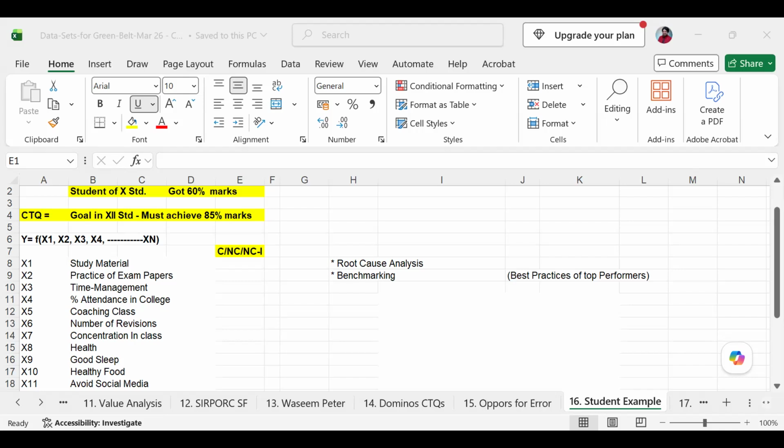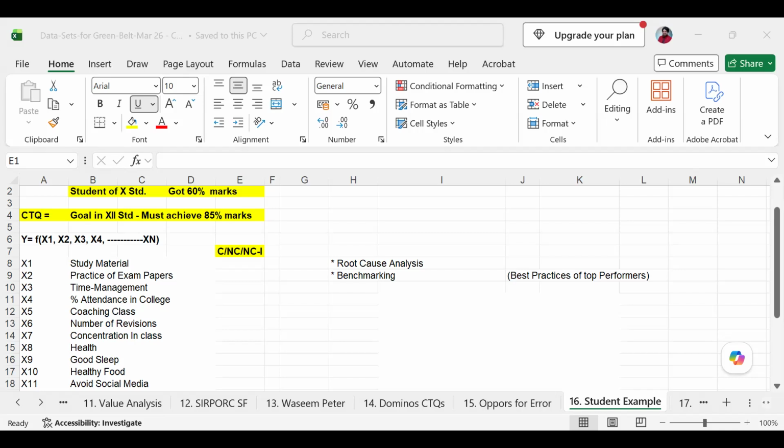In Six Sigma, we are actually talking of 4 types of voices. One is VOC, voice of customer, the feedback which we get from customer or the features which are very important for satisfaction of the customer. From there we get the CTQs.